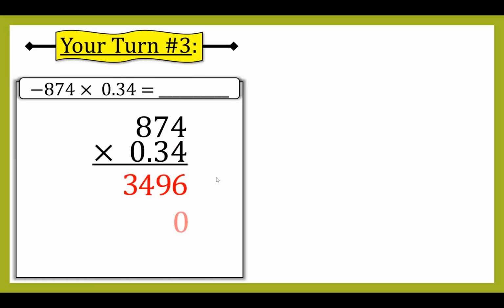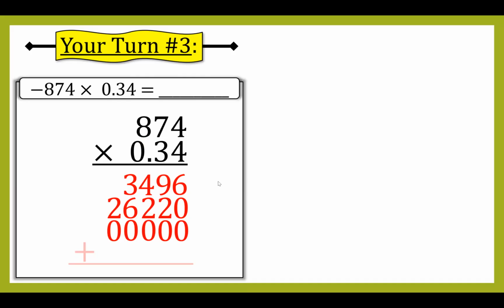I'm going to fill in a 0, and now I'm going to do 3 times 4. That gives me 12. 3 times 7 is 21, plus the 1 will give me 22. 3 times 8, that is 24, plus the 2 will give me 26. I'm going to fill in my zeros, and now I'm going to move on to my 0 times 4. That gives me 0. 0 times 7 is 0, and lastly, 0 times 8 is also 0.